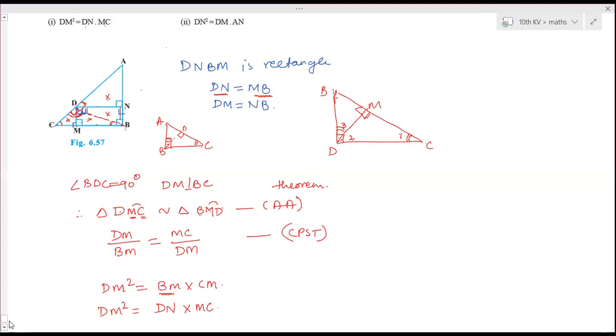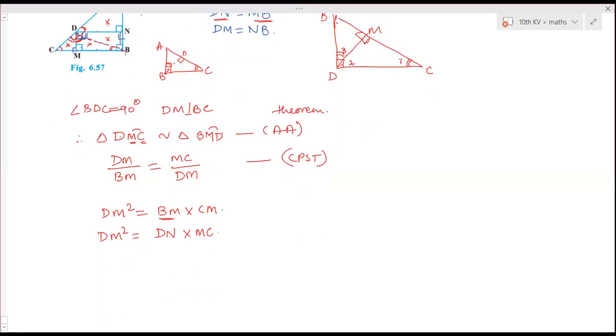Are you able to understand that part? Yes, ma'am. Others? Manisha, Rishika, Mayukha, Medha, have you done? Yes, ma'am.